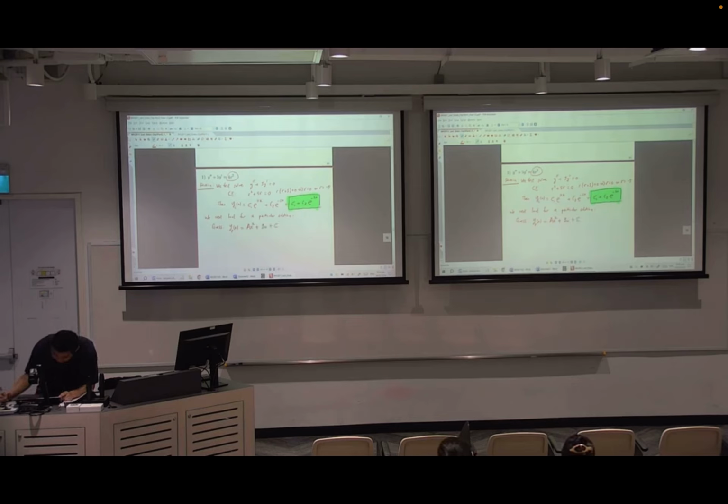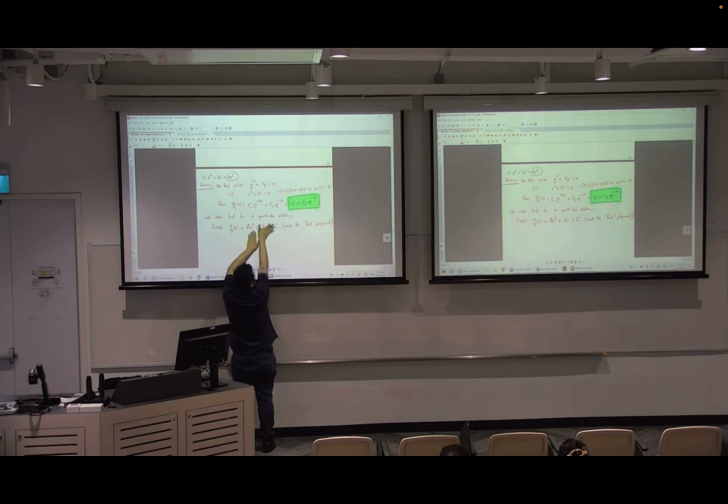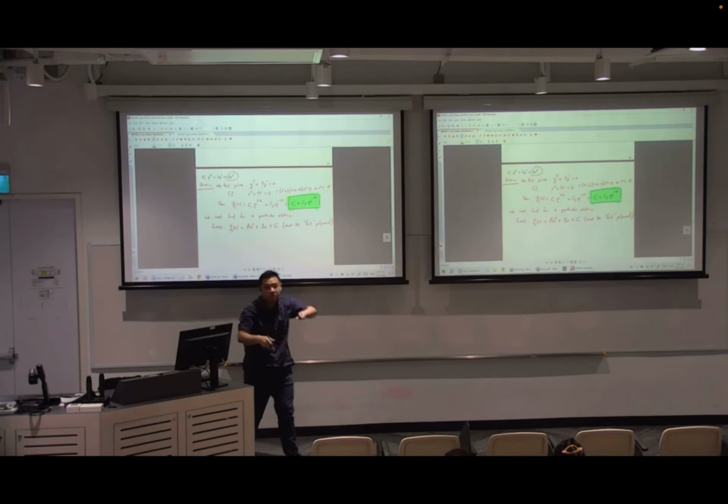It must always be a full polynomial. Even though your question is only 4x squared, you cannot just put ax squared. You have to put everything below it, ax squared and everything below in terms of power.